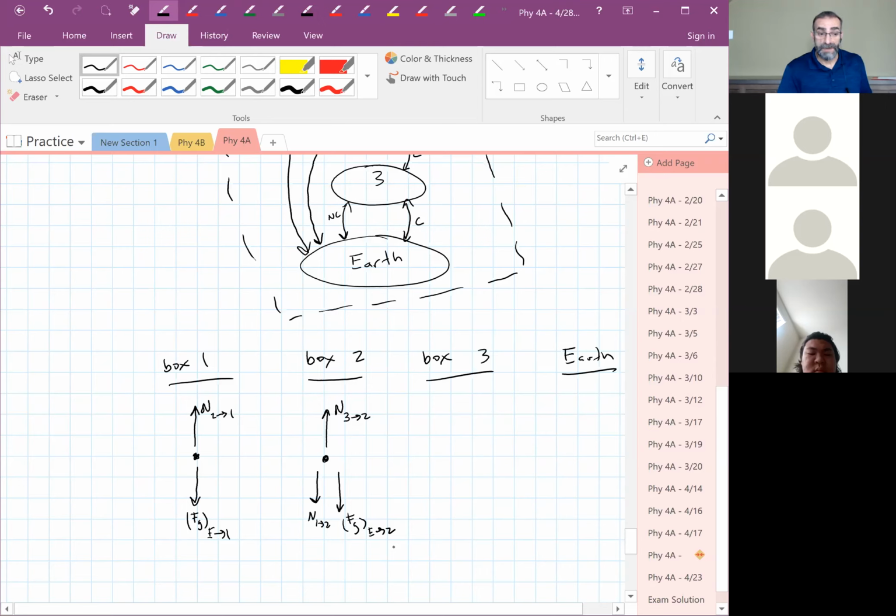And then I could move over to box 3 and do the same thing. And what do I have? I've got a normal force 2 on 3 and F sub G Earth on 3.